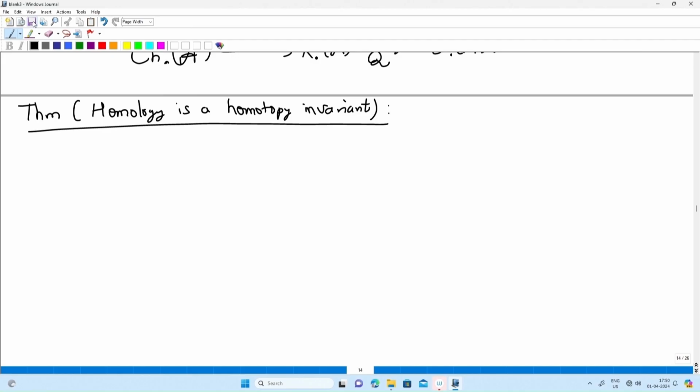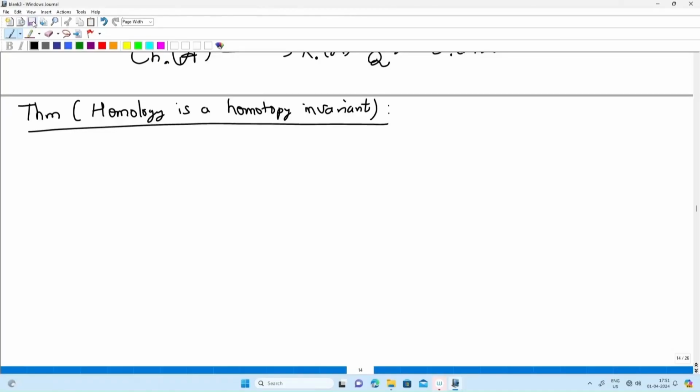If there are two chain maps which are homotopy equivalent between two chain complexes, then they will induce the same maps between homologies.